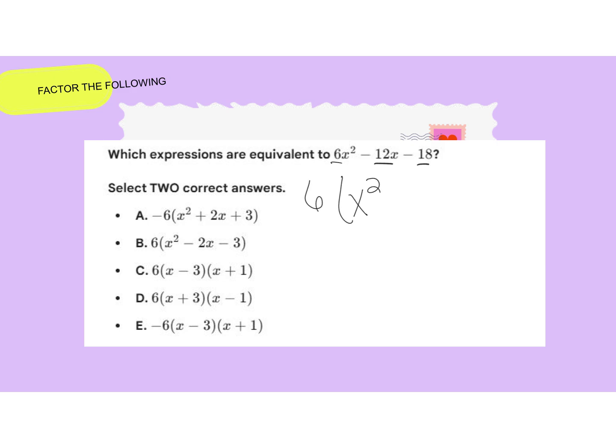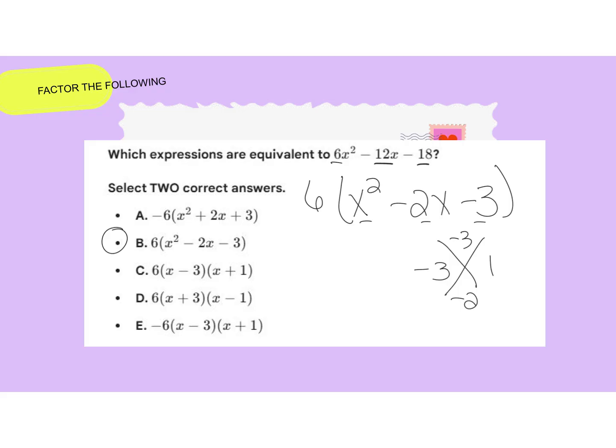I'm left with x squared minus 2x minus 3. Well, there's one. And now I'm going to play Xbox here. So -3, +1, two factors that will multiply to give me -3, but will add to give me -2.